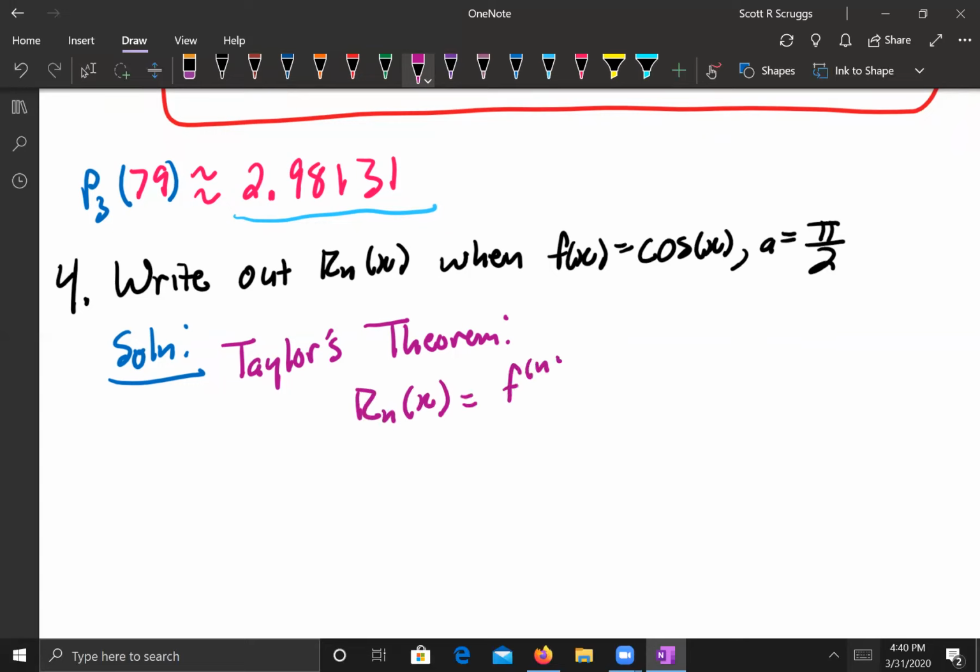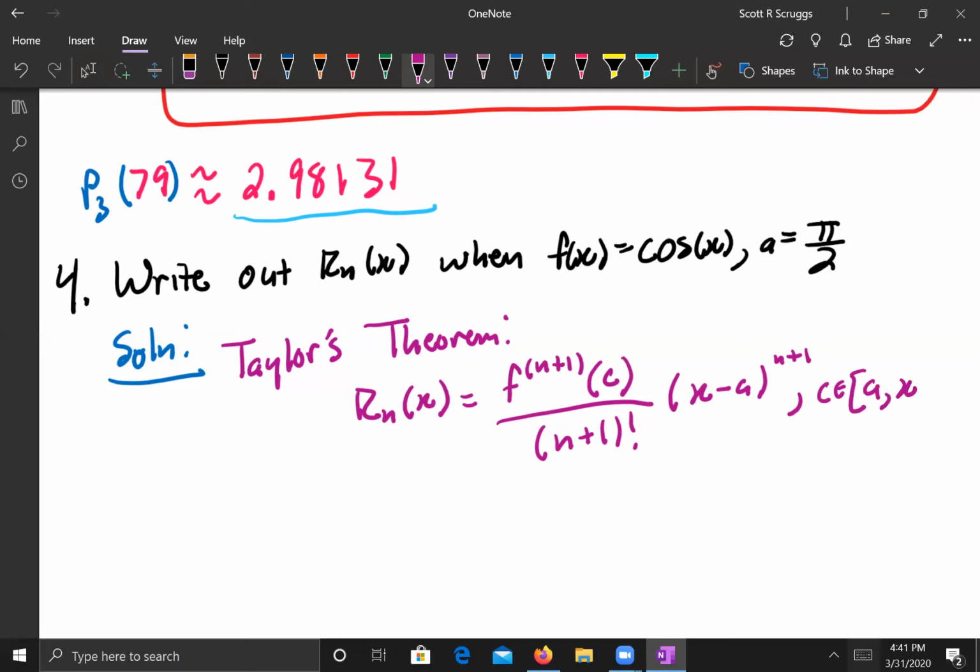It is the (n plus 1)th derivative of f evaluated at some point c, divided by (n plus 1) factorial, times x minus the center to the n plus 1, where c is some number in between a and x inclusive.